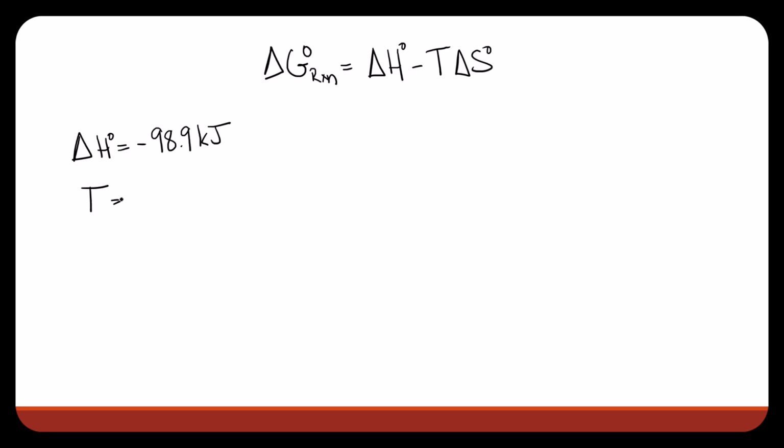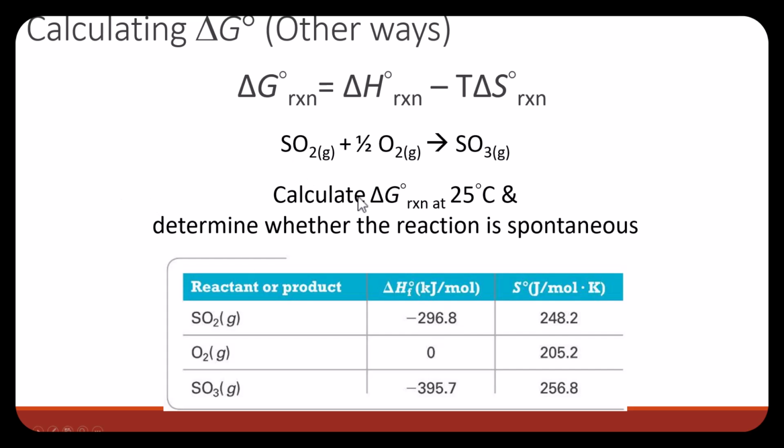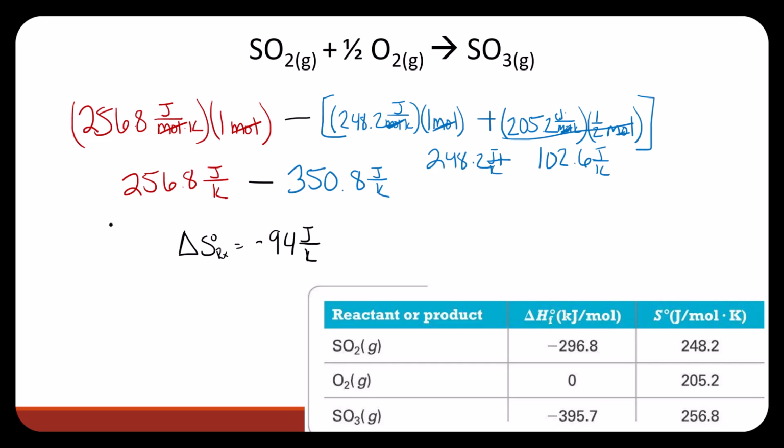Temperature, so we'll have to go back and read the problem for this one. But temperature, calculate Gibbs free energy at 25 degrees Celsius. So temperature right now is 25 degrees Celsius. And then the entropy change is what we just calculated, and that was negative 94 joules over Kelvin.